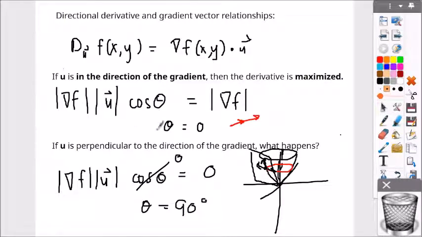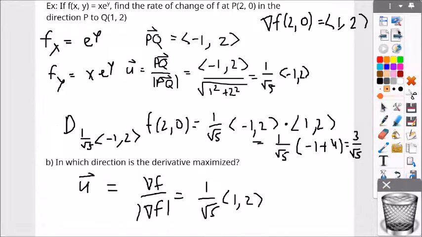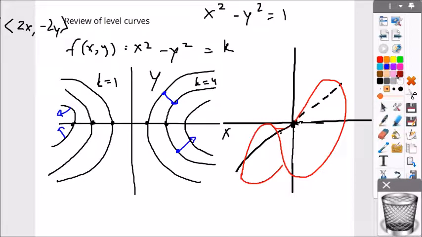The derivative is maximized. Now, if it's parallel to the direction of the gradient, and the gradient is the direction of fastest increase, then isn't the gradient perpendicular to level curves? Isn't the gradient perpendicular to the level curves?